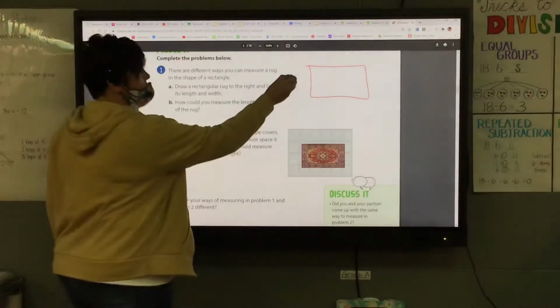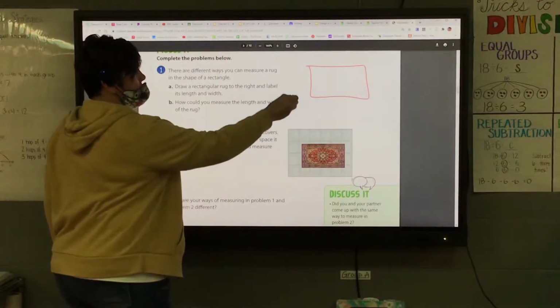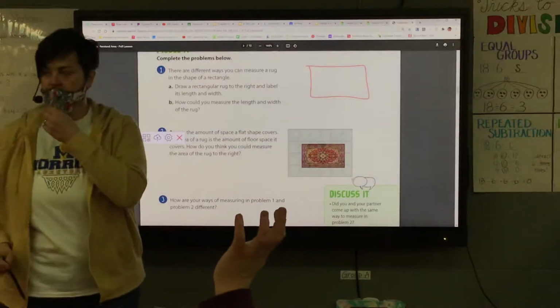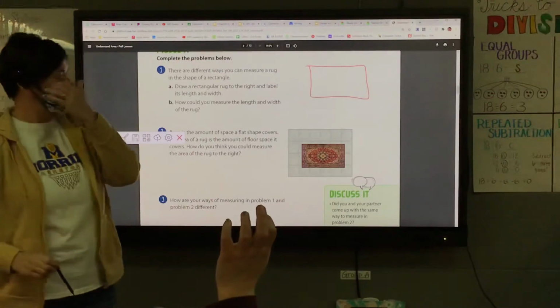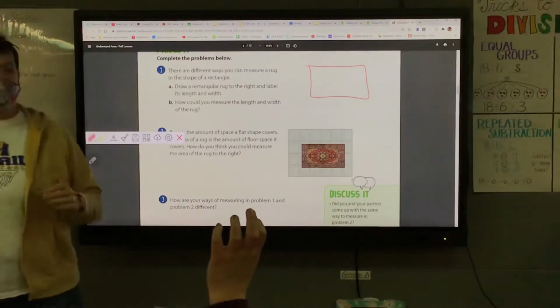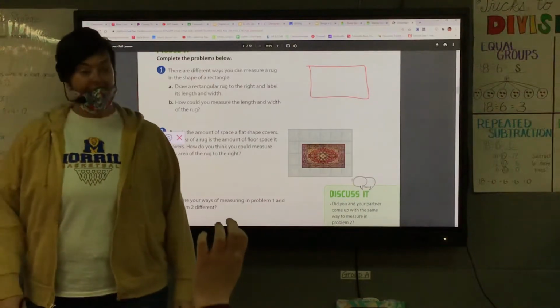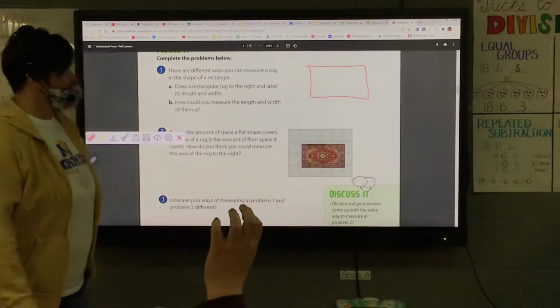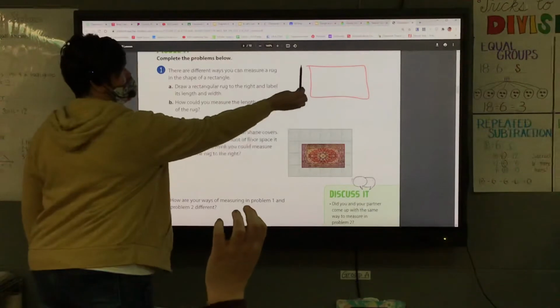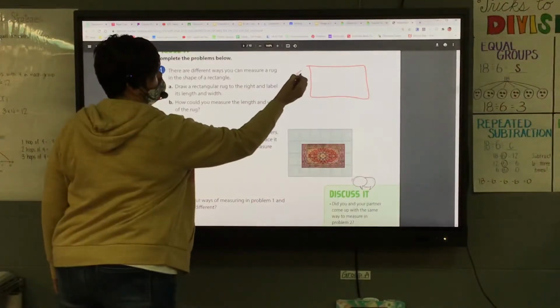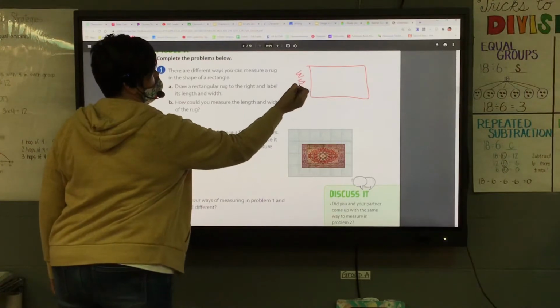Friends, do you know which one is the length and which one is the width of a rectangle? The length is how long something is, and the width is how wide something is. So what is this right here? Width. That is the width. So we're going to label that this is width.